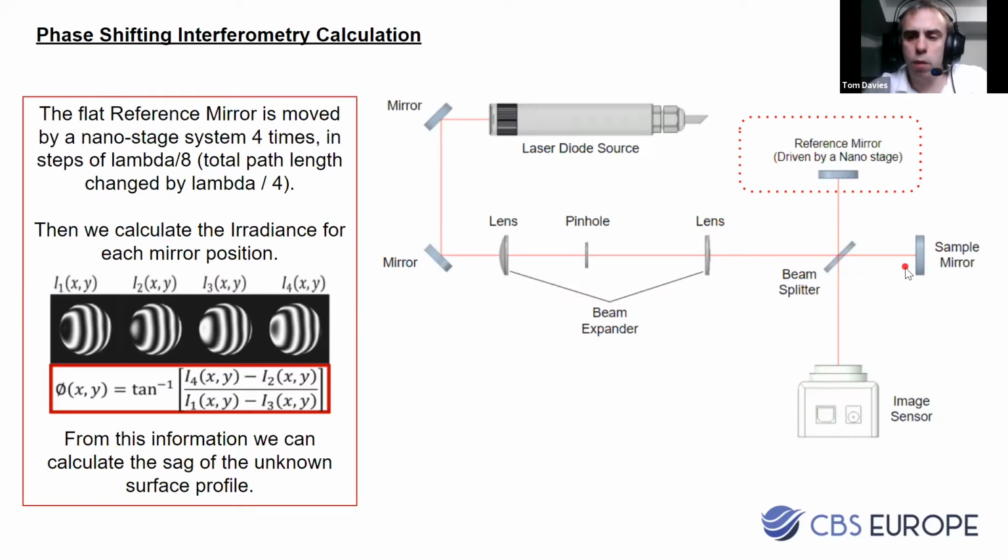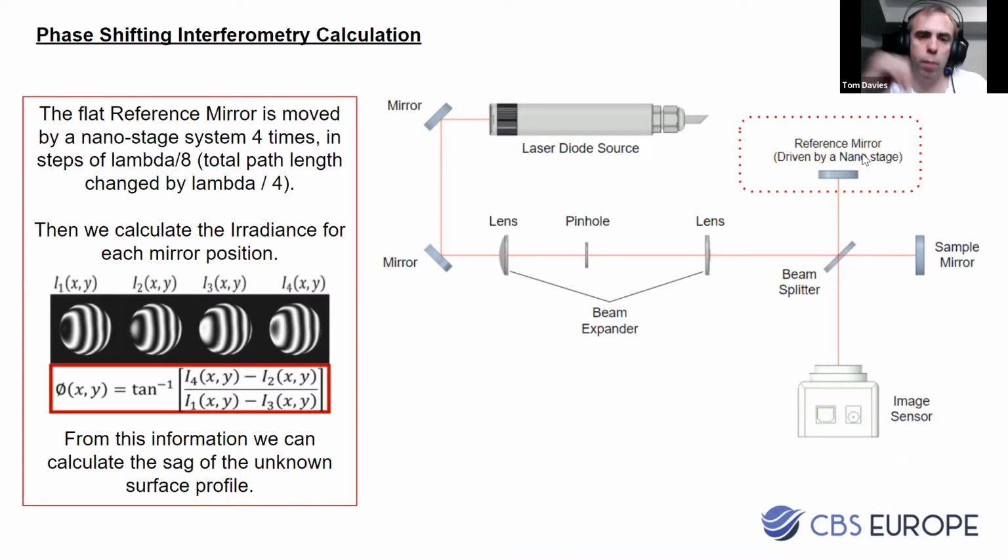Essentially, through a series of calculations, we can understand the unknown surface profile. And that's the demonstration that I'll be doing in just a few minutes. So after reflecting off the mirrors, the beams come back, combine, and end up on our image sensor. What we need to do to actually get this information of the surface of the sample is do the calculation 4 times. So we need to place the reference mirror in 4 different positions of lambda over 8.